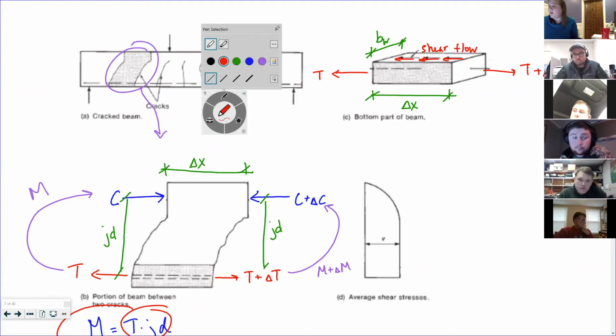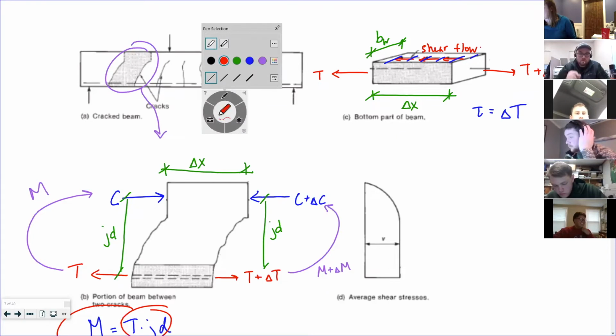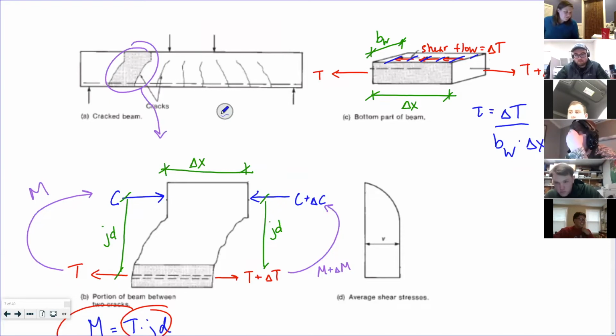My shear stress now is equal to that delta T, that's my shear flow, happening over this area, which has the dimensions of my beam width, b_w, and the width of my little section that I'm looking at.